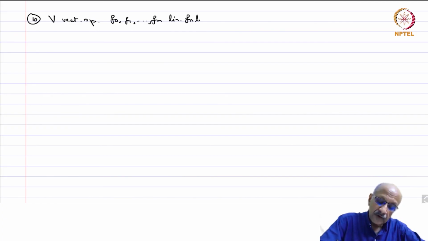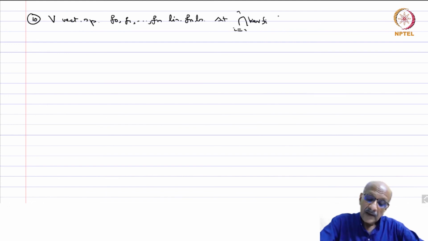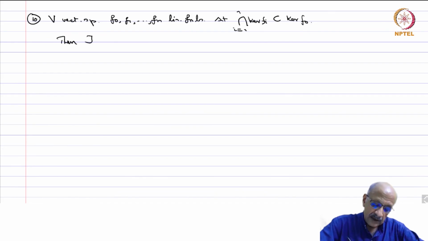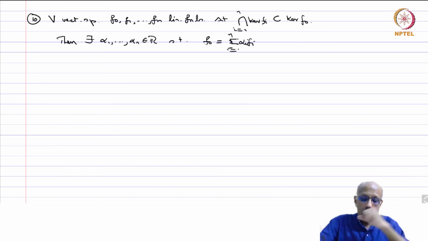There is no question of continuity now because we are only having a vector space, such that the intersection i equals 1 to n of kernel of fi is contained in kernel of f naught. Then there exist alpha 1 to alpha n in R such that f naught is equal to sigma i equals 1 to n alpha i fi. So this condition just implies that f naught has to be a linear combination of the fi's.